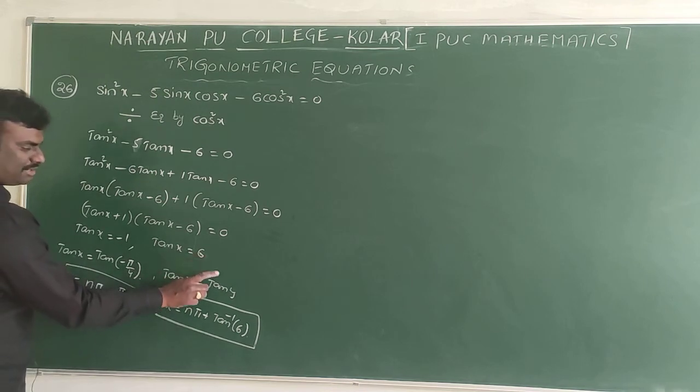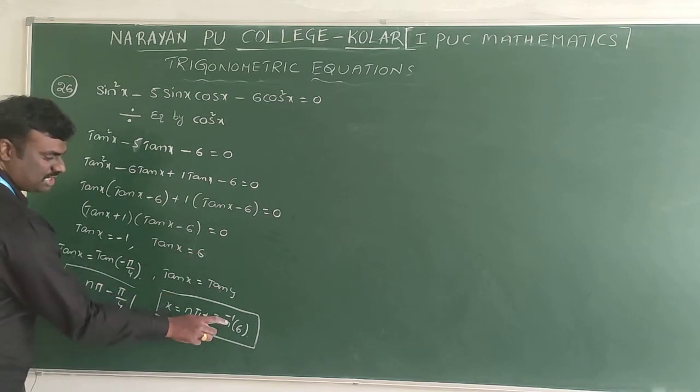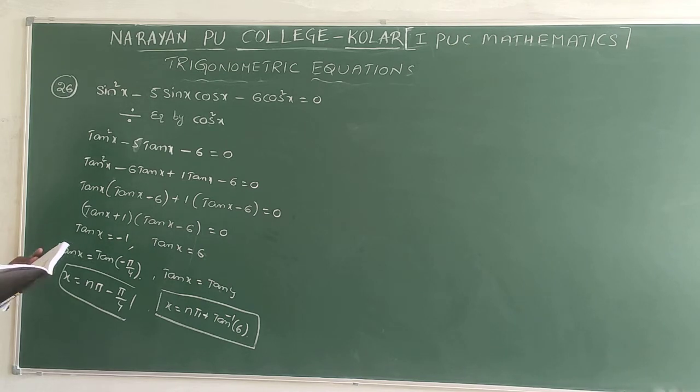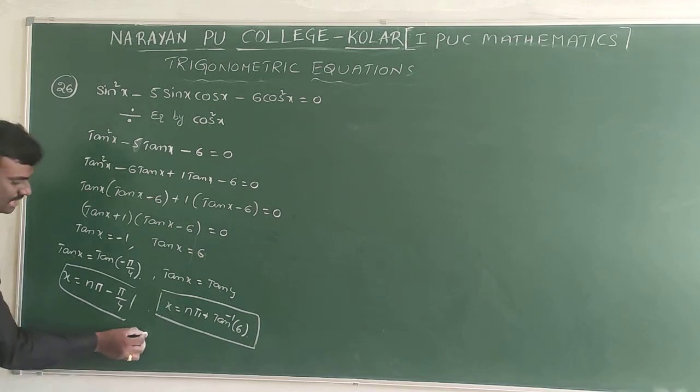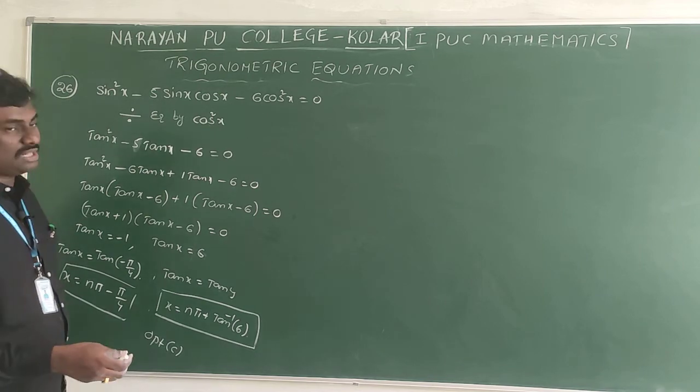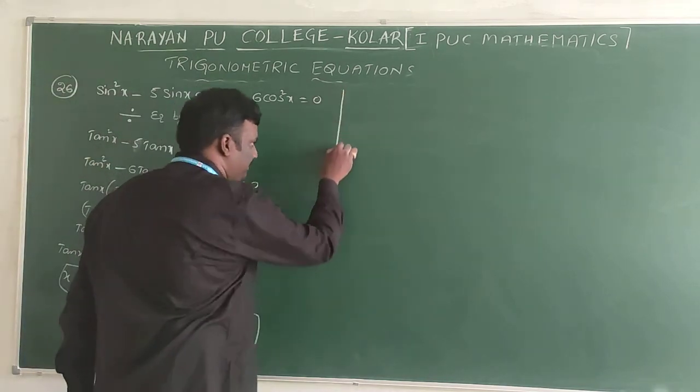I am taking 6 equals tan y. If tan y equals 6, tan comes to that side and becomes tan inverse. So, finally, n pi minus pi by 4, and n pi plus tan inverse 6. So, both are correct options. Therefore, option A is correct, option B is correct. Both A and B is the answer. That is nothing but option C is the correct answer for this question number 26.